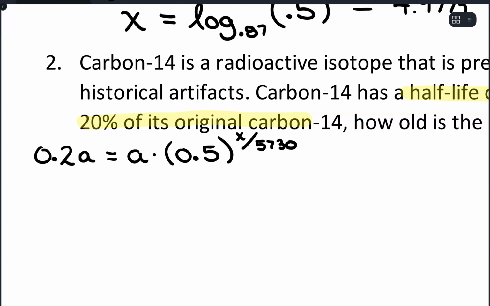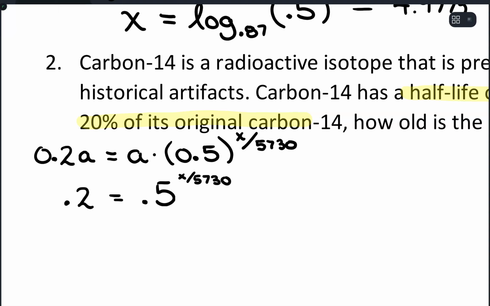So 0.2 times a is equal to a times 0.5 to the x over 5,730. Divide both sides by a. So we get 0.2 is equal to 0.5 to the power of x over 5,730. And now we have just one variable, which is perfect.